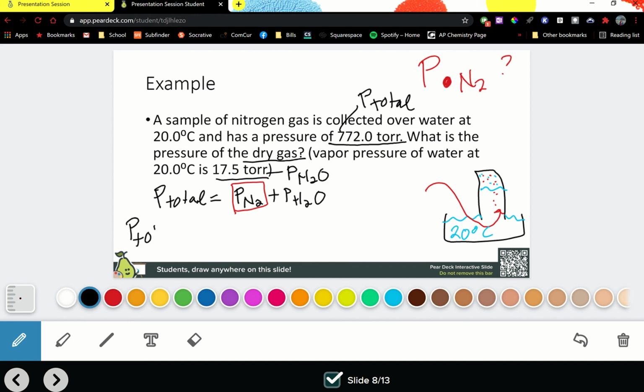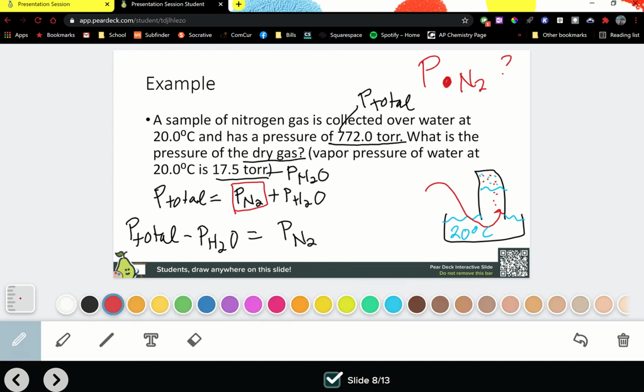So P total minus the pressure of water is going to give us the pressure of our nitrogen. So then we're going to just plug in our numbers here. My total pressure is 772.0.